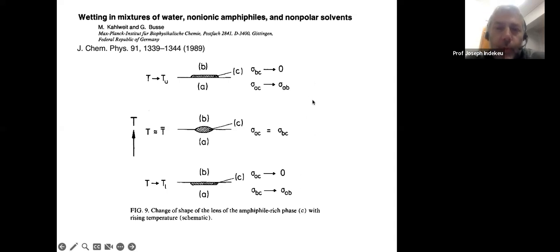So we have a situation of an upper and a lower critical endpoint. And we're going to ask the question, what happens to the difference of these two surface free energies as the third one is going to 0?